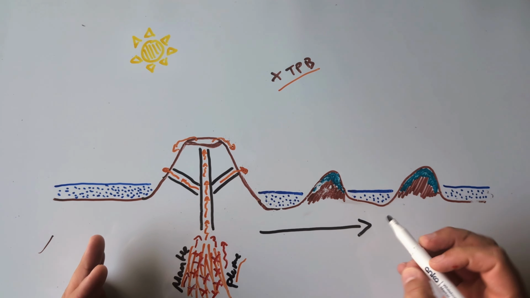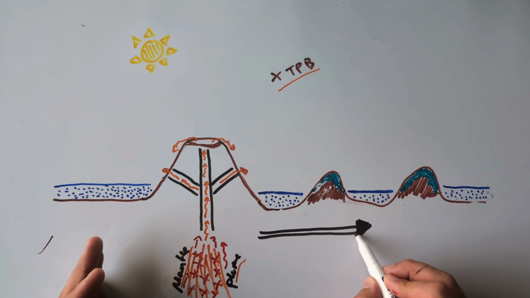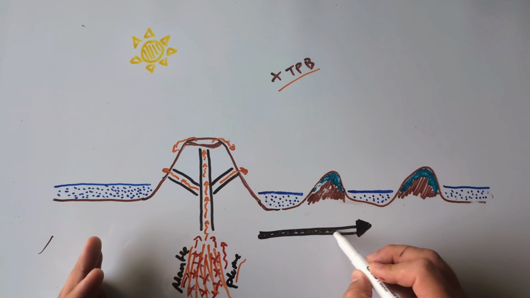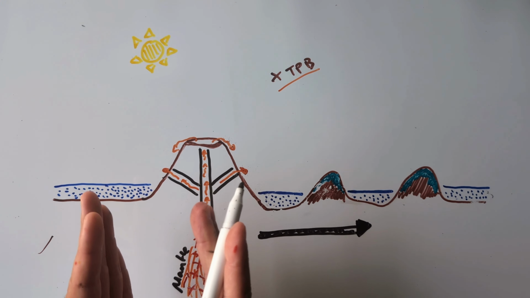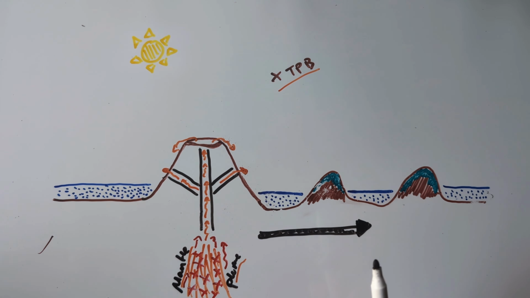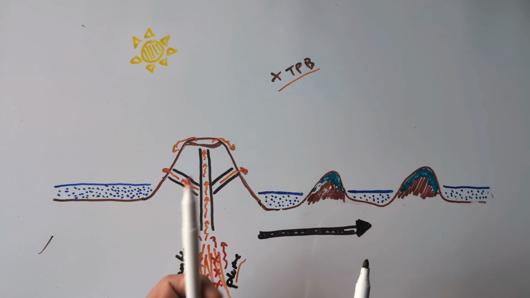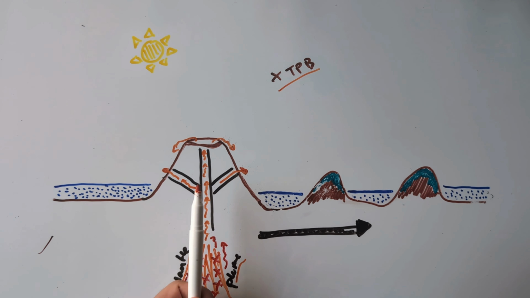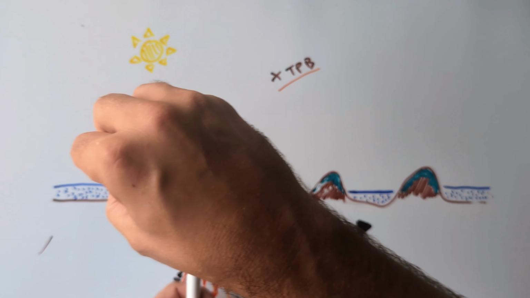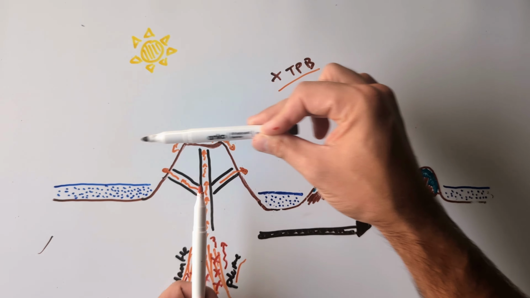We're going to say it's in this direction. And that's important, because the tectonic plate is moving, but the magma plume is not. Okay, so I'm going to keep the pen stable for the magma plume, and the tectonic plate is moving across it.